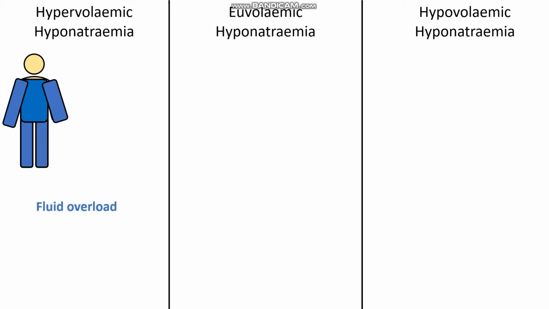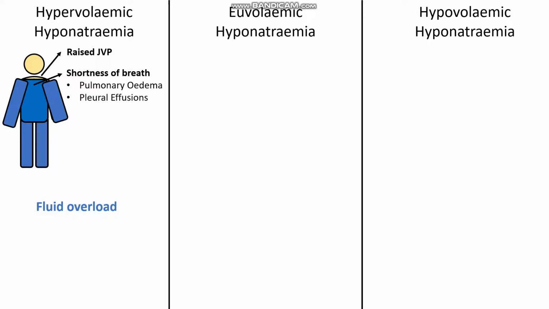So let's focus on patients with hypervolemic hyponatremia first. In these patients, the patients often have too much fluid and are fluid overloaded. Features of this may include things like a raised jugular venous pressure, or JVP. The excessive fluid may leak into our alveolar spaces, leading to shortness of breath due to pulmonary edema, or the fluid may accumulate in the pleural spaces, leading to pleural effusions.